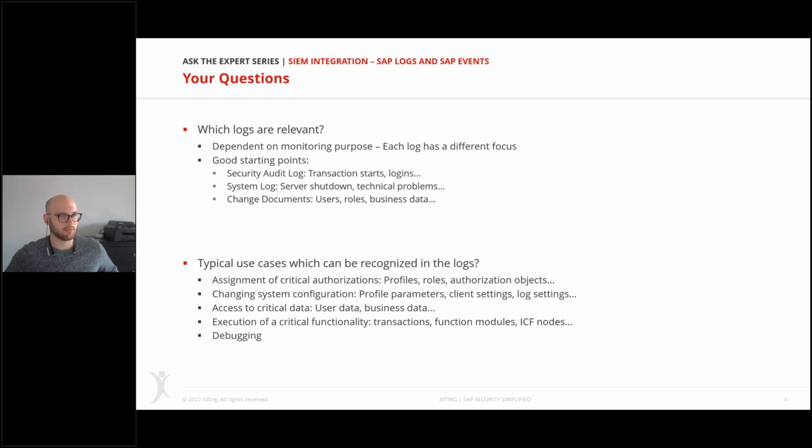I can't tell every customer that this is the high priority log, and then you should connect the second log and then the third log. It really depends on your monitoring purpose, because each log in the SAP world has a different focus. They don't all log the same, obviously, otherwise there would just be one log. They all have different focuses and different purposes.